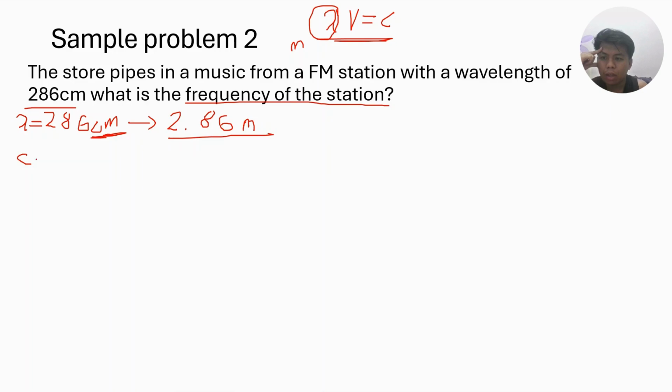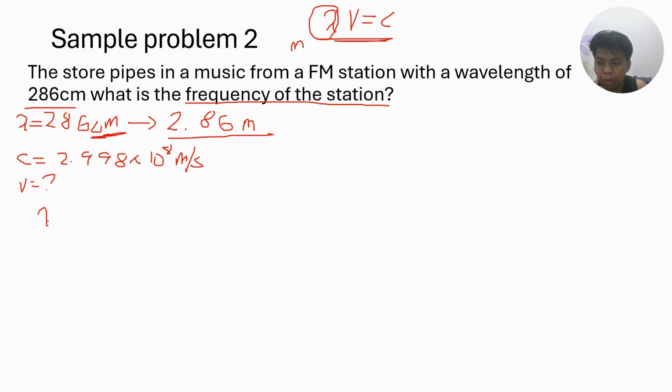And the speed of light is already given: 2.998 times 10 to the power of 8 meters per second. And V is actually our unknown. So the units are okay.